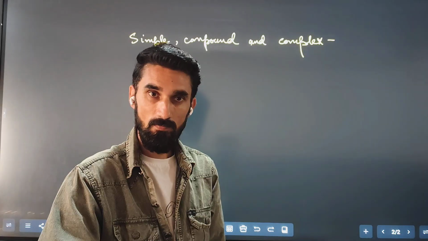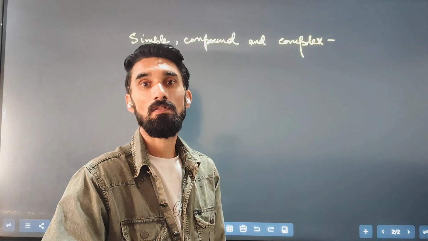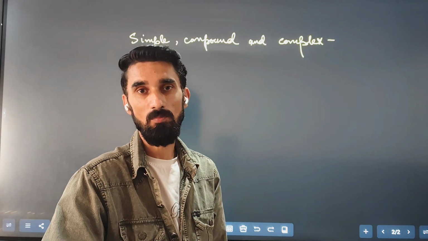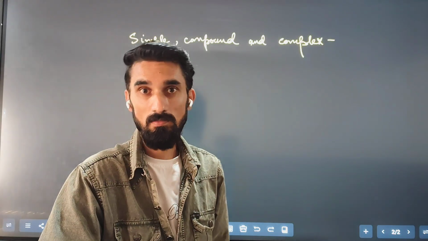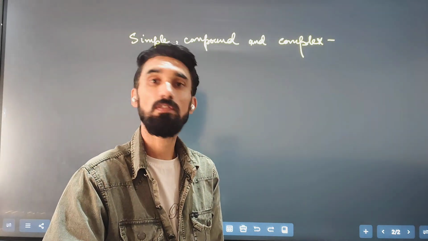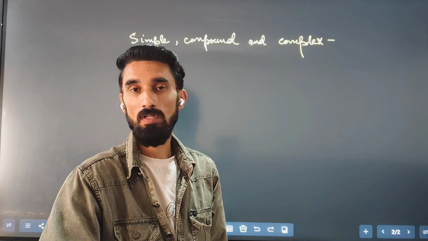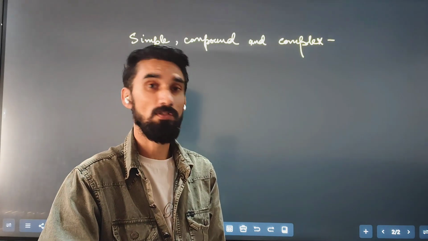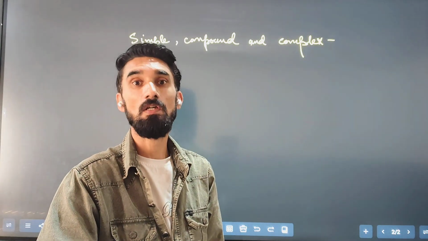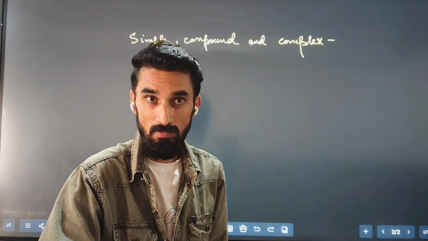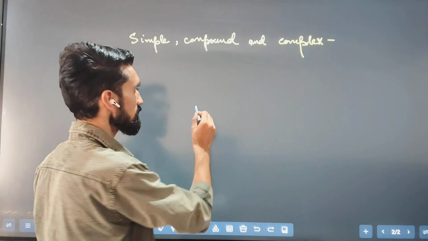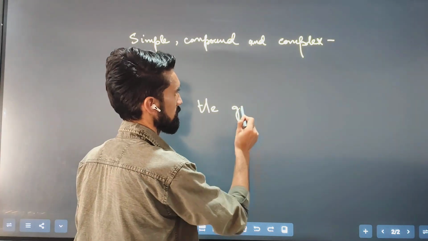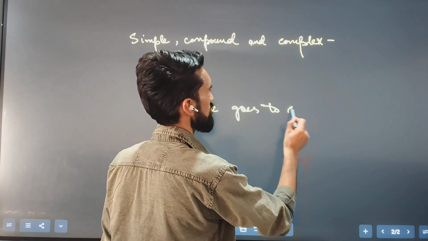A finite verb is one that changes when there is a change in the form of the tense and it aligns with the person or the number used in the sentence. Such as if there is a third person singular subject, in case of an assertive sentence, the verb will take an S, like he goes to school.